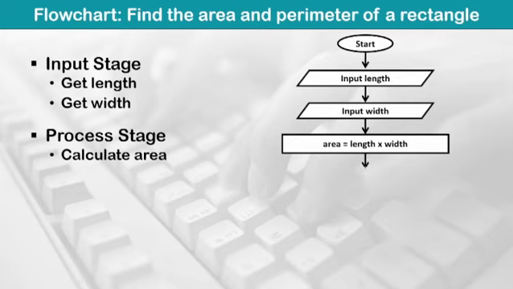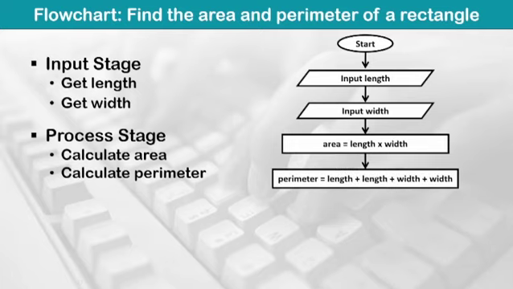The second process, that is calculate perimeter. We write perimeter is equal to twice the length plus twice the width and add it to the flowchart.